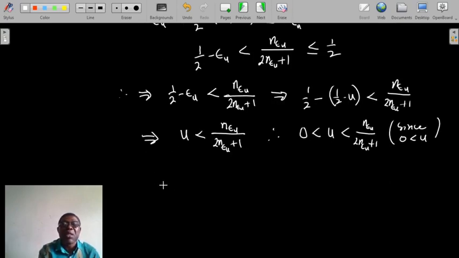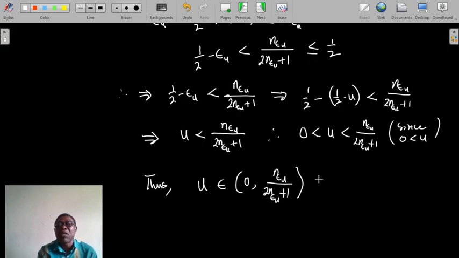What does this mean? This means that u belongs to the interval 0, n epsilon u over 2n epsilon u plus 1.